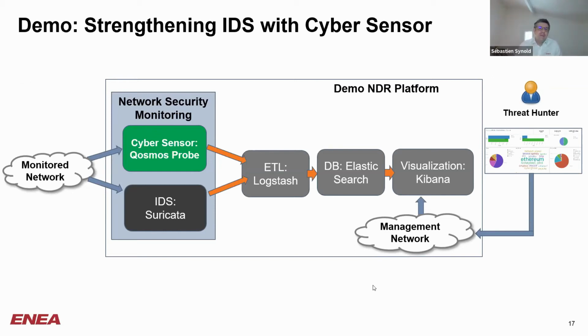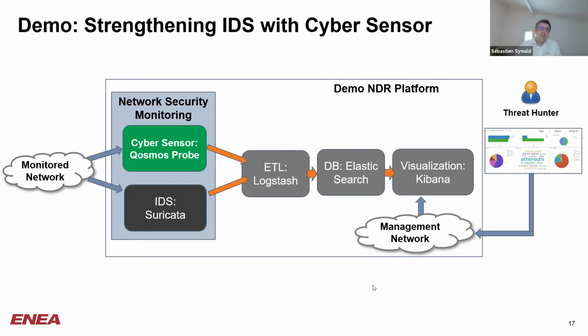This ETL function is responsible for normalization of the data between the sensor and the IDS. It is also used to differentiate the local IP addresses from the external ones, and perform IP localization on external IP addresses using a GeoLite database.